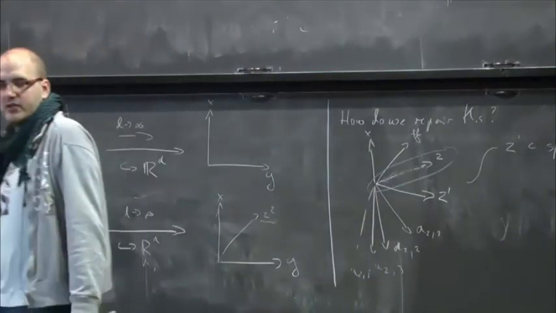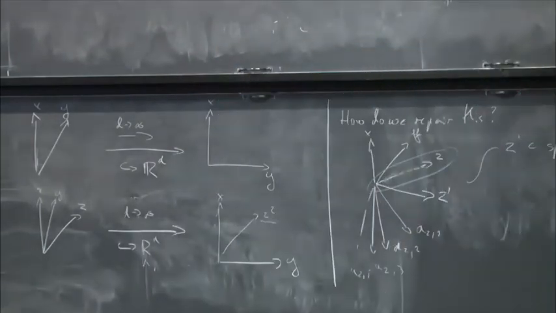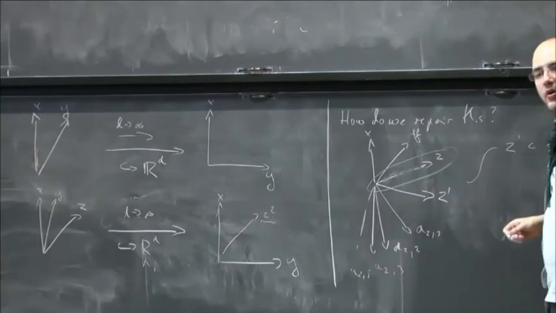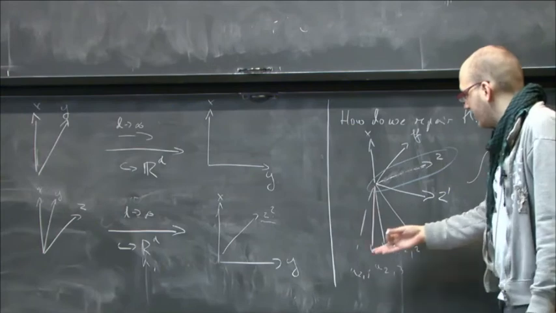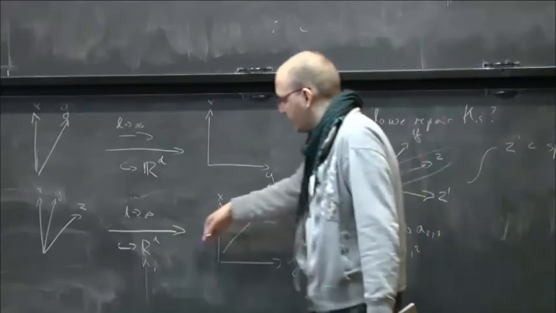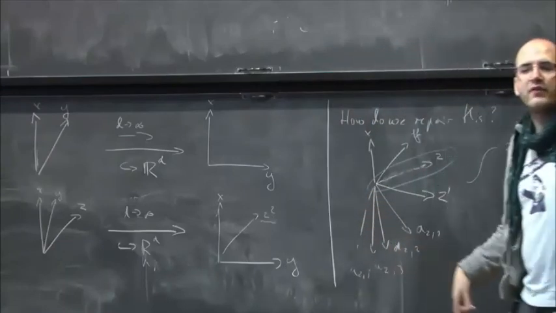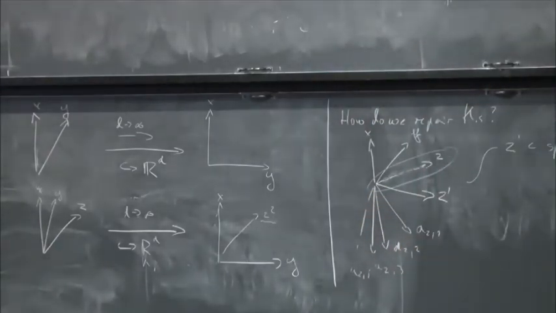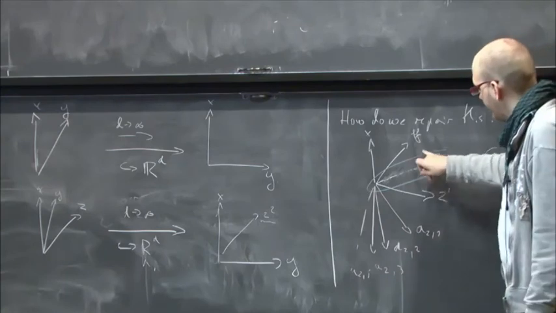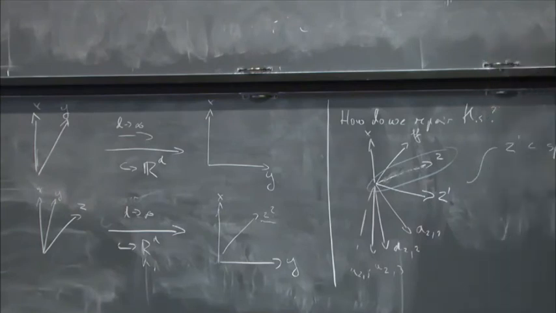I add some auxiliary vectors uniformly at random, and then add a vector z prime that replaces my original dependent z. I can only draw two dimensions, but these are new planes; think of this as already living in a high-dimensional space. You choose these auxiliary vectors uniformly at random, and then you choose z prime according to a clever distribution in the span of the original vector and the auxiliary vectors.